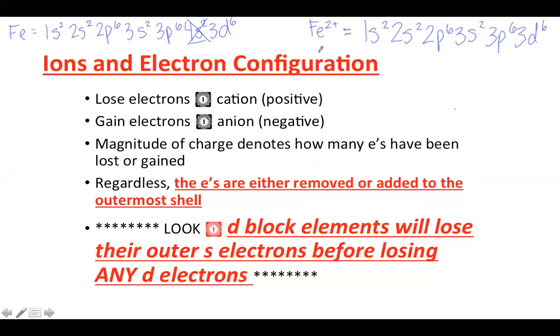It would be incorrect to say 3d4 and leave on the 4s2. That would not be correct. Now, if it was Fe3+, then we would take away those 2 electrons from the 4s, and we still then would have to take away 1 more. So in that case, we would then take away one of those 3d electrons.